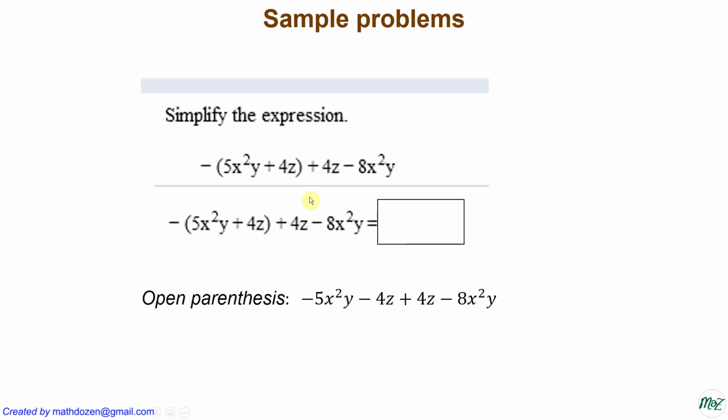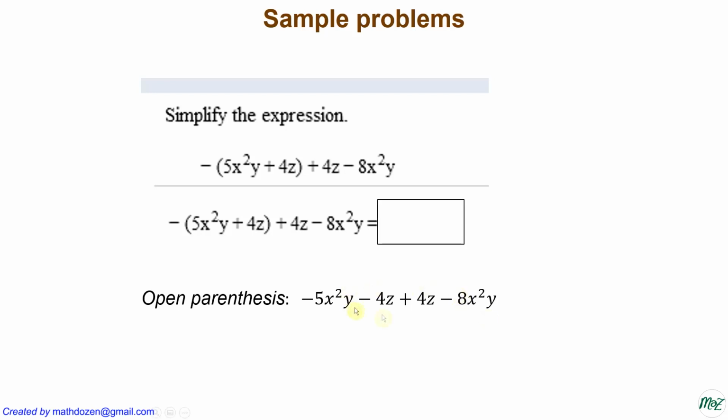If we open up the parentheses, we're going to get negative in front of 5, negative in front of 4, and then the rest of the expression will keep us with positive 4z and negative 8x squared y. Now, if we look at these 1, 2, 3, 4 terms, they are somewhat similar to each other, but not all of them are completely identical.